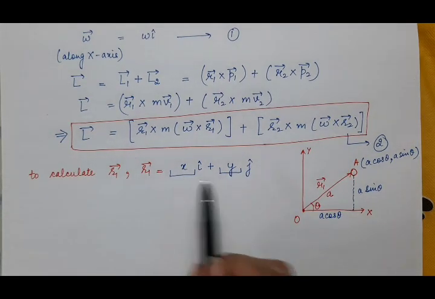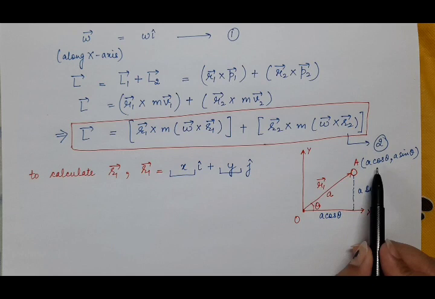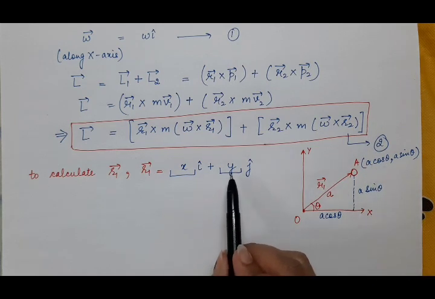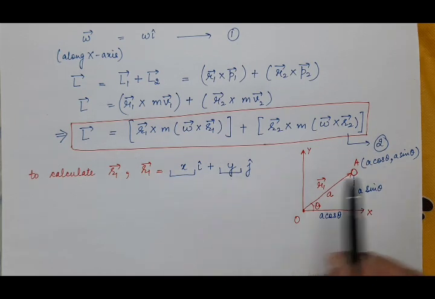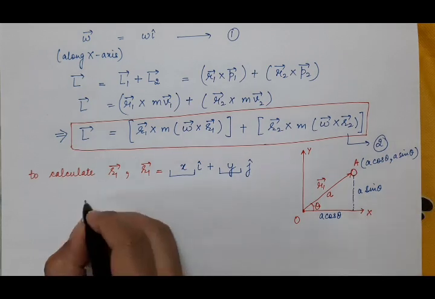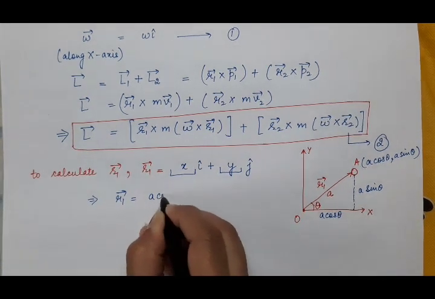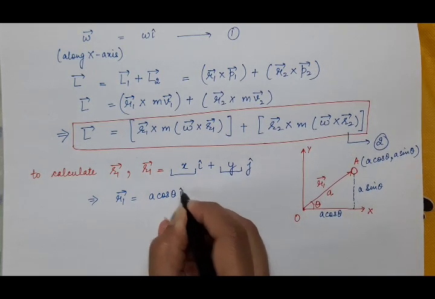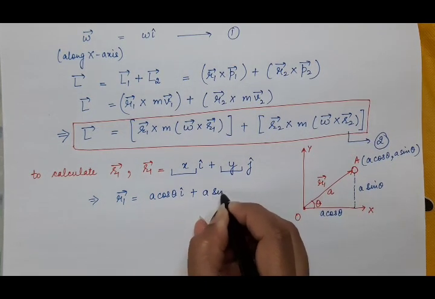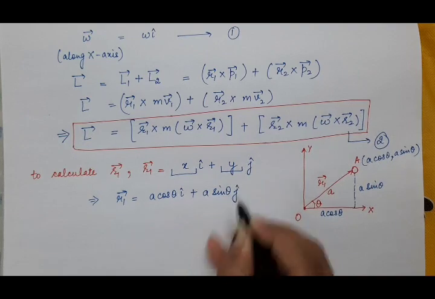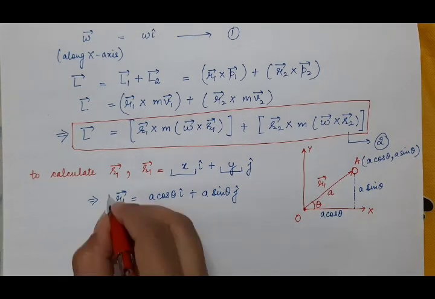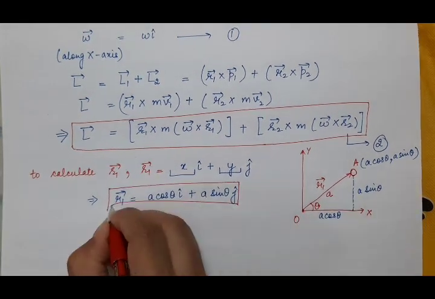And what is the value of x component? It is a cos theta. What is the value of y component or y coordinate of point A? It is a sin theta. So this r1 vector is equal to a cos theta i cap plus a sin theta j cap. And suppose this as equation third.